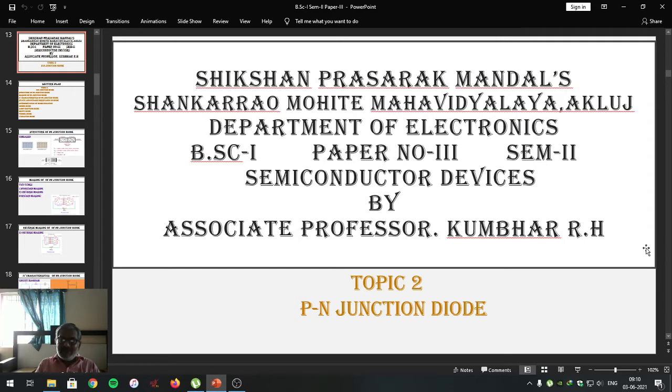Student friends, please remember that the PN junction diode is again made up of this semiconducting material. Obviously, P-type and N-type semiconductors, whatever you have studied in the last 4 or 5 lectures, with the help of them, a two-terminal device gets formulated, and that device is a PN junction diode. It has very small size, but it has a wide application. That device we are going to study today.